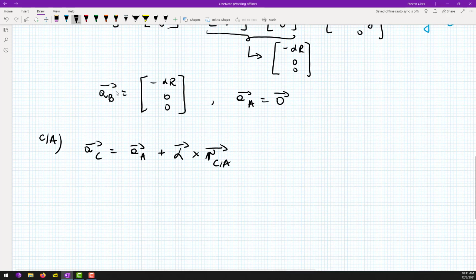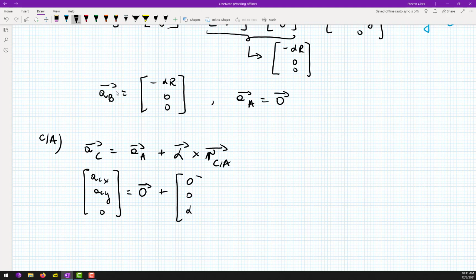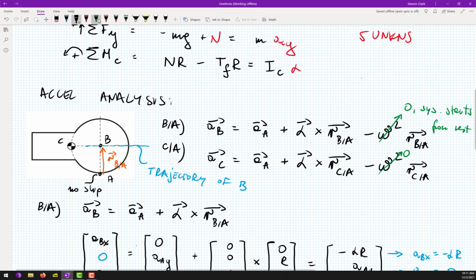In here we'll have ACX, ACY, 0 is equal to 0 vector plus 0, 0, alpha times this vector. Let me scroll up the board and show you this vector, RCA. I think that RCA will be here.